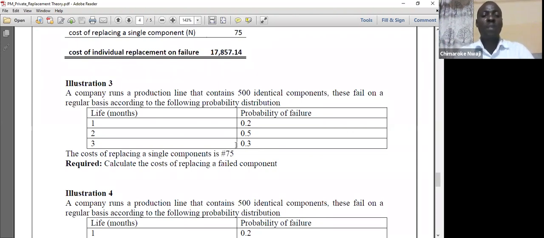The cost of replacing a single component is 75 naira. So when a single component fails, you replace it at 75 naira. Calculate the cost of replacing failed components. All right, so let me get now to my Excel slide.